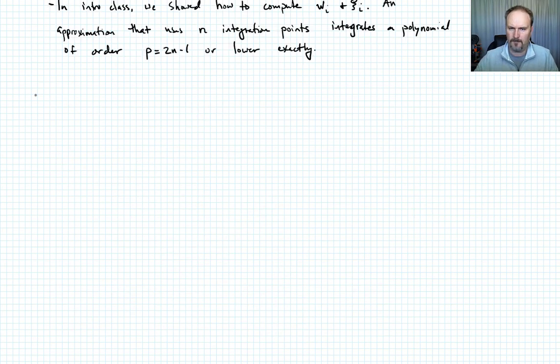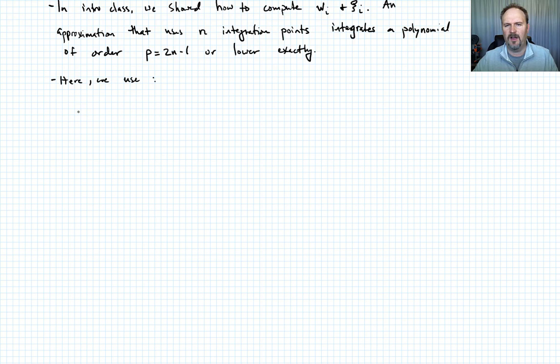Okay? And I'll just say that here we're just going to use pre-computed values. We're only going to really be focused on maybe 1 Gauss point or 2 Gauss points, right? So here we use pre-computed values that look like this for n equals 1. So 1 Gauss point. It's just a midpoint problem.